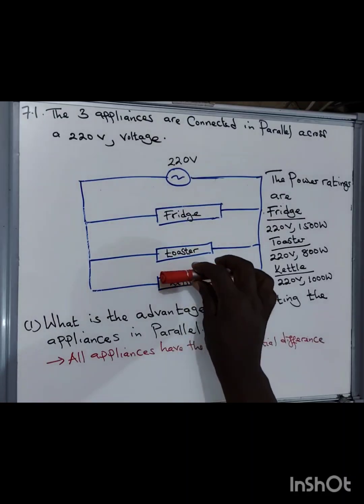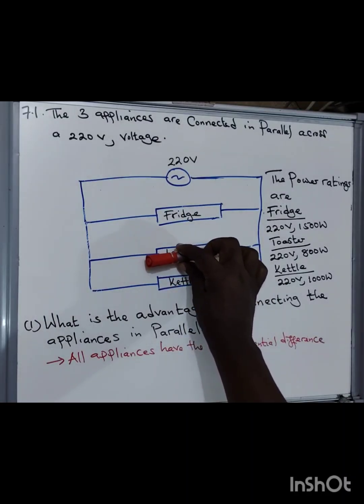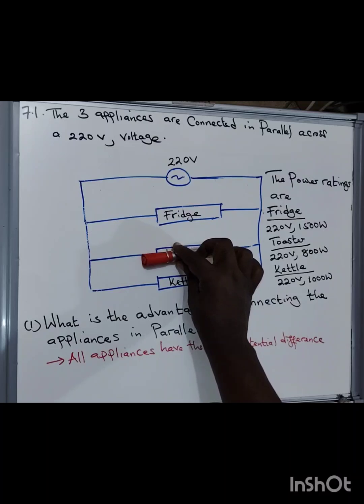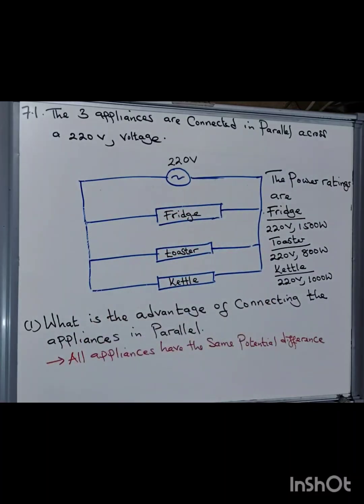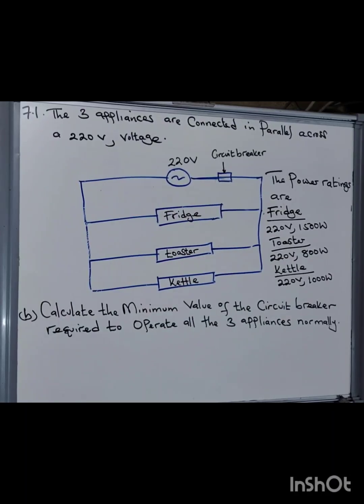So for this case, for instance, if the toaster malfunctions, the fridge and the kettle continue to work normally. That is that.